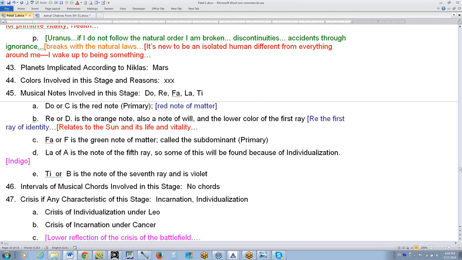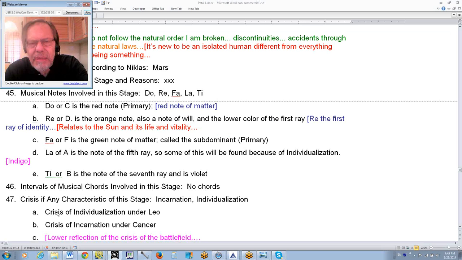I'm not so sure how many of these things are especially important, but I did do a lot of work in the meaning of certain musical chords and their sequences, and I've not given here any chords, but I could do that, but it's probably secondary.